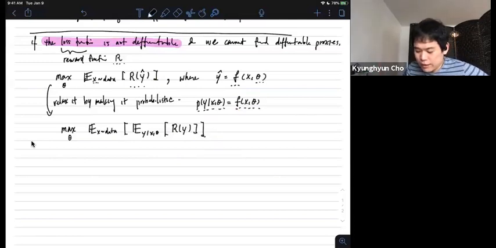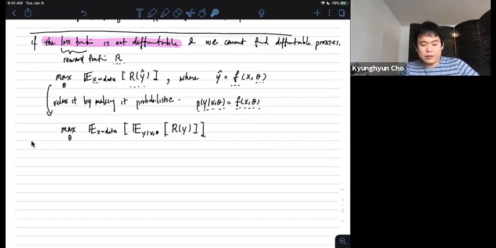Looking at this, it's all kind of similar, right? The R, the reward function that we want to maximize, which is the opposite of the loss function, is still not differentiable. So we cannot easily compute the gradient of this reward function with respect to theta. The only thing that we have changed is that we're going to look at every possible output value instead of the single best output from our machine.